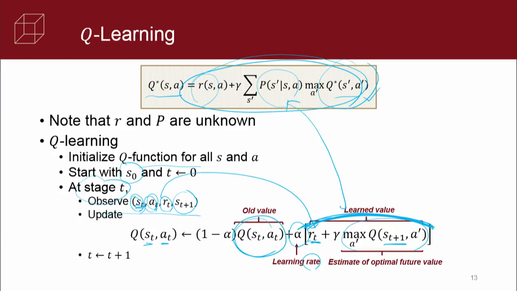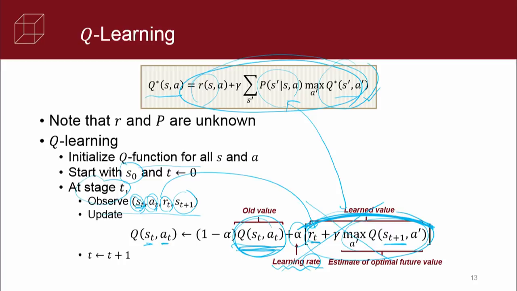All right, we also need to understand the concept of the learning rate. The learning rate alpha specifies how much of the newly learned value will override the old one. If we set alpha to 0, this term goes away, so the agent will never learn anything and just sticks to the old information.